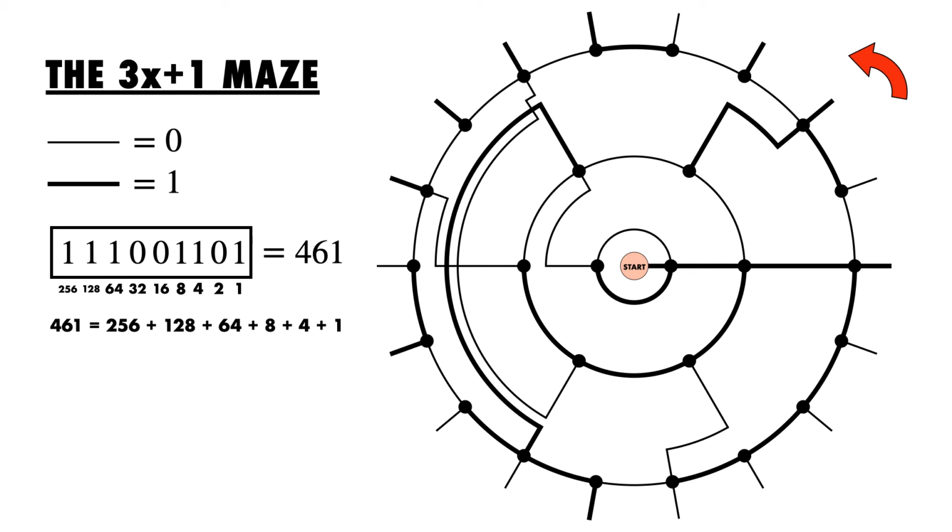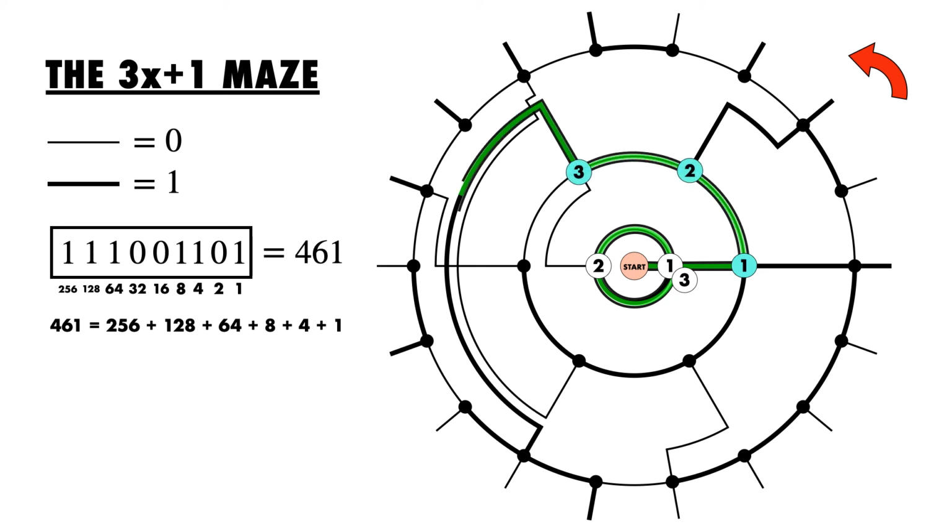And this binary representation, written from right to left, gives 1, 0, 2 ones, 2 zeros, and then 3 ones, which corresponds to a thick path, 1 thin path, 2 thick paths, 2 thin paths, and 3 thick paths. So we start our walk again from the center with 1 thick path. There we go, 1 thin path, then 2 thick paths, then 2 thin paths, and then 3 thick paths.